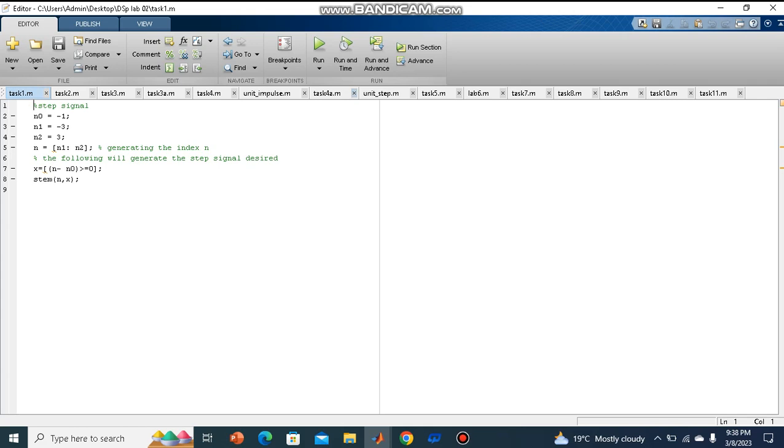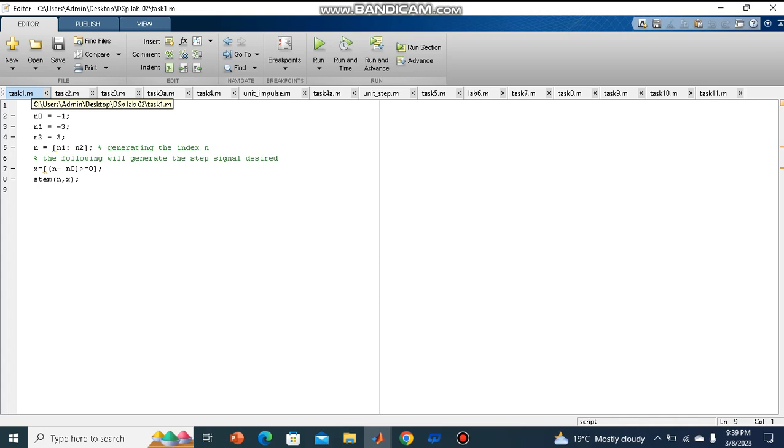Here is the second lab of digital signal processing given by Sir Dr. Jameel, and here is task 1. As we can see, we will perform a step signal and we will assign three values in this task.